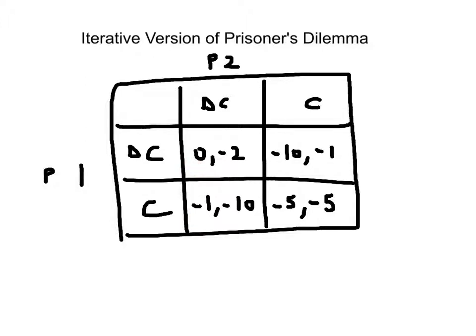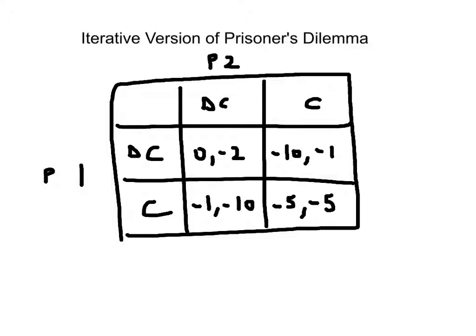So if player 2 were to play the strategy of not confessing, then player 1 would play don't confess. If player 2 plays confess, then player 1 will play confess. So the strategy of not confessing is no longer strictly dominated, but we can still solve the game through an iteration.